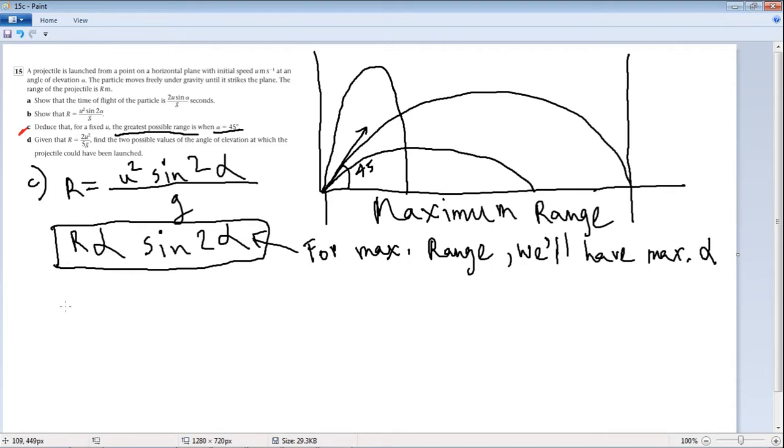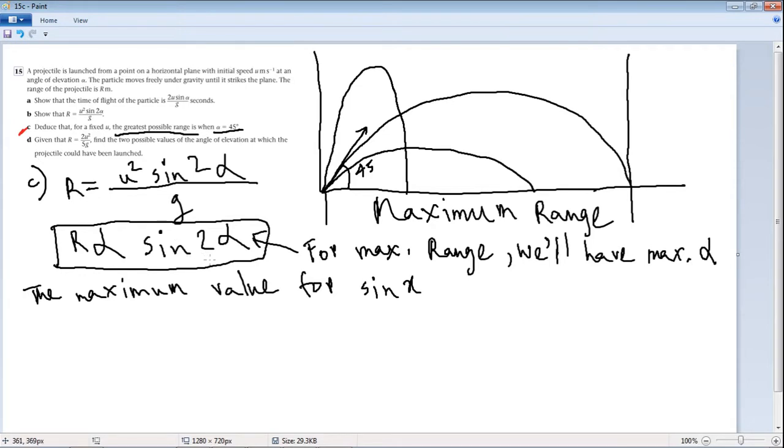Here is another point to be noted: the maximum value of sine x, where x could be twice alpha or any angle.